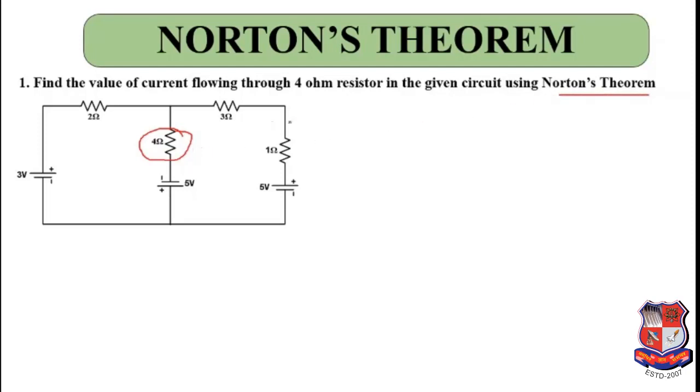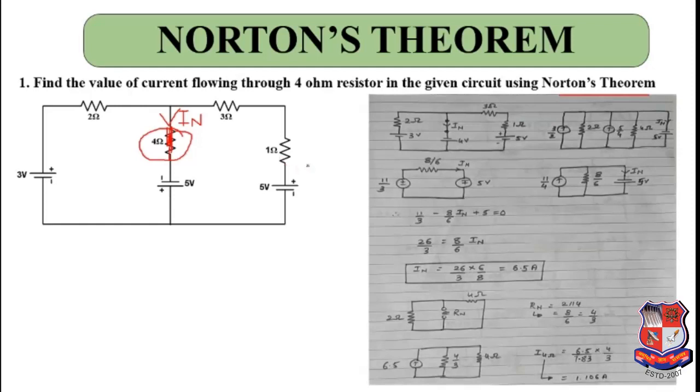You just need to short circuit this and find the Norton's current flowing over here, then open circuit this 4 ohms and find the equivalent resistance of the circuit, then keep the Norton's current value and equivalent resistance value in parallel, and then in parallel to those two you have to bring this 4 ohms.